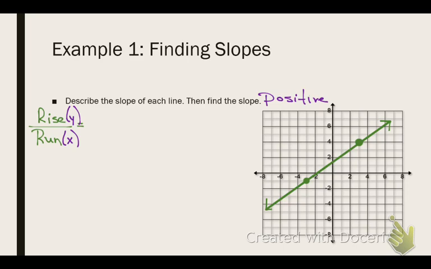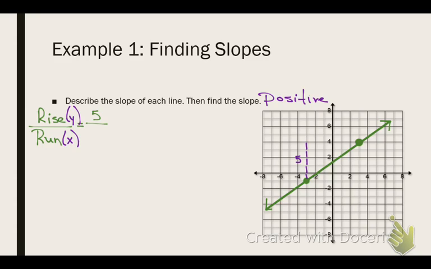All right, so from the first point to the second point, how many units do you rise? Well, you go 1, 2, 3, 4, 5. You rise 5. So 5 is the value that goes in your numerator. Okay, you see that?